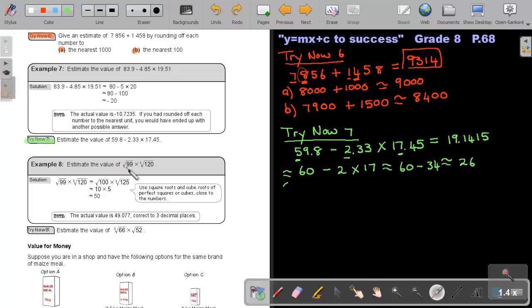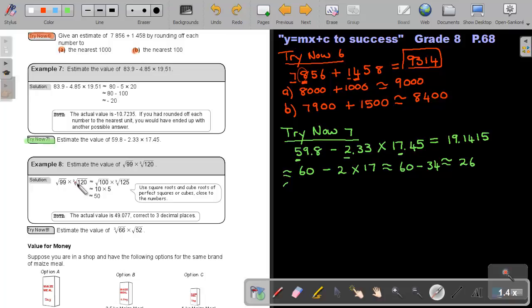Estimate the value of square root 99 times cube root 120. Now what we do here is we look for a square root that's closest to 99, but which will give me a whole number. So the closest to 99, which is actually a perfect square number, is 100. And now remember, this is a cube root. So think of your cube numbers.